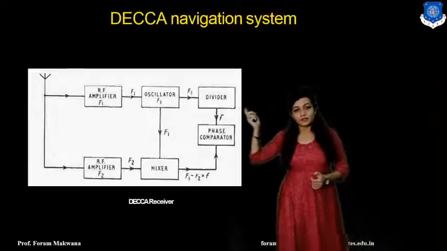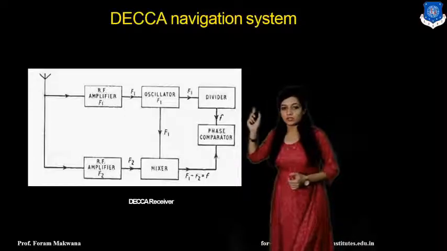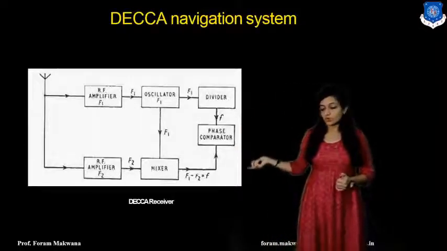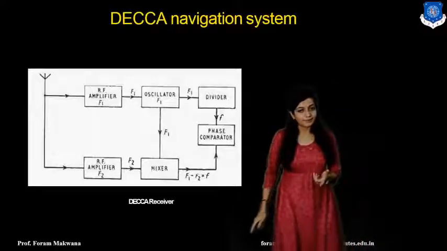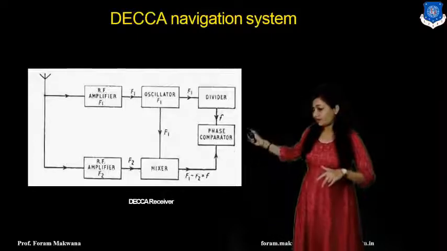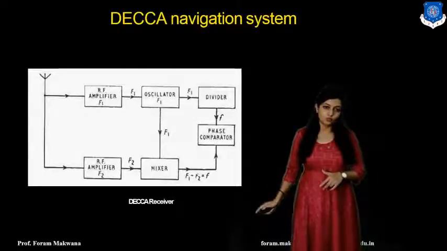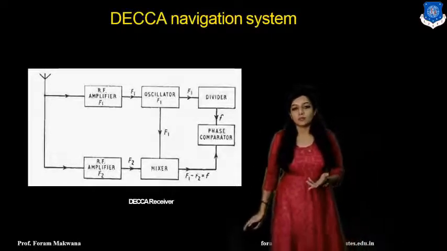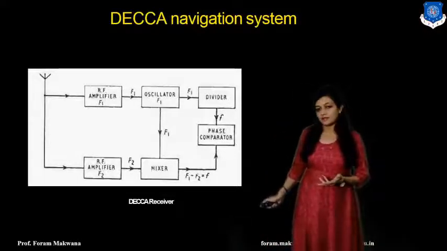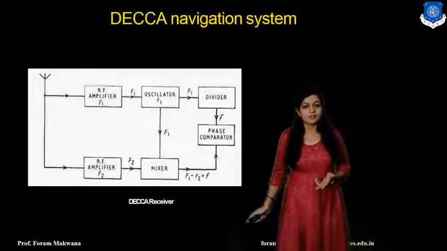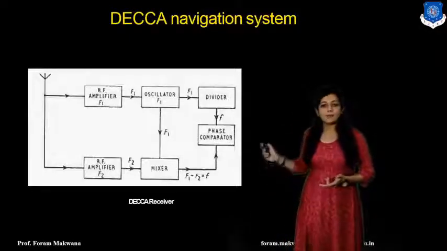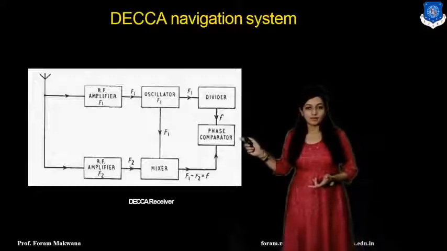That frequency F1 is going to be applied to the oscillator, as well as after the oscillation it is going to be applied to the mixer. Why? Because it will generate the difference of these 2 frequencies F1 and F2 to generate the IF, intermediate frequency. Alright, and after generation of IF, that means a down conversion, subtraction of these 2 frequencies, the IF is going to be applied to the phase comparator, right?